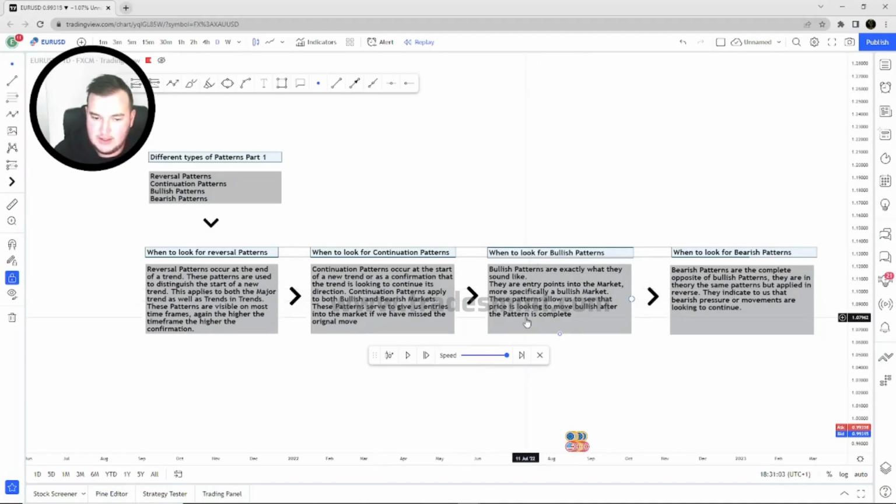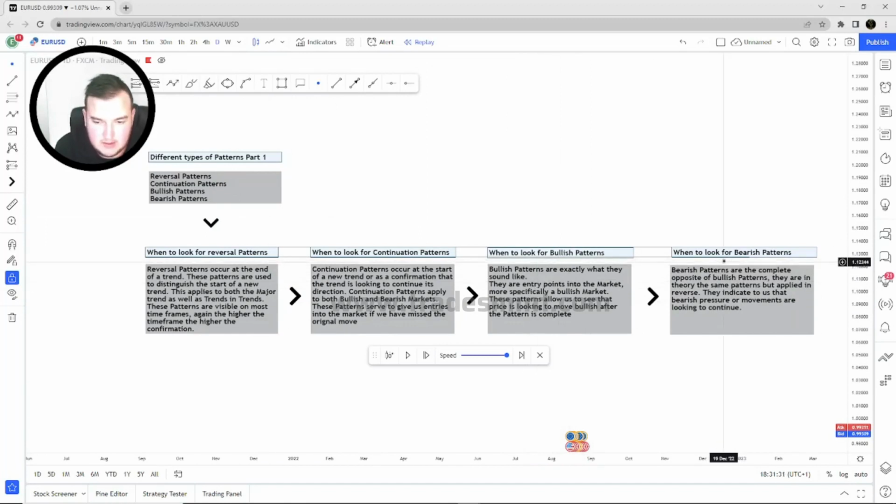These patterns allow us to see that the price is looking to move bullish after the pattern is complete. All of these patterns go hand in hand, and they give us better entries into the market. So if you can't understand why we've sent a signal or why we're taking a specific trade, it's probably because we've seen these other patterns play out, and now we see this extra confirmation that these patterns that have already happened are valid.